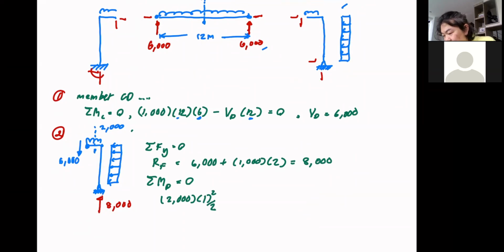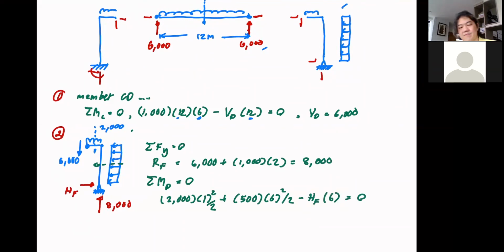And then you have the moment from this as well, plus how much is the load? 500 multiplied by 6 squared over 2, minus, let's call that HF, right? Minus HF multiplied by 6 equal to 0.